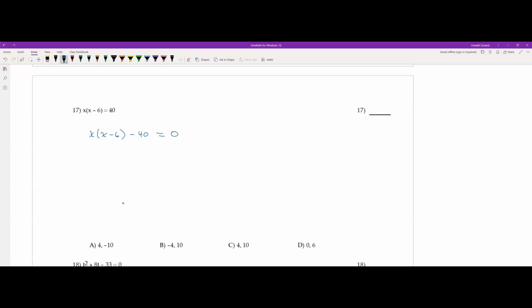Because I can't figure it out. It doesn't look like a trinomial. What do I do? Well, what you can do is basically expand this, right, by using distributive property. And so you get x squared minus 6x minus 40 equal to 0.